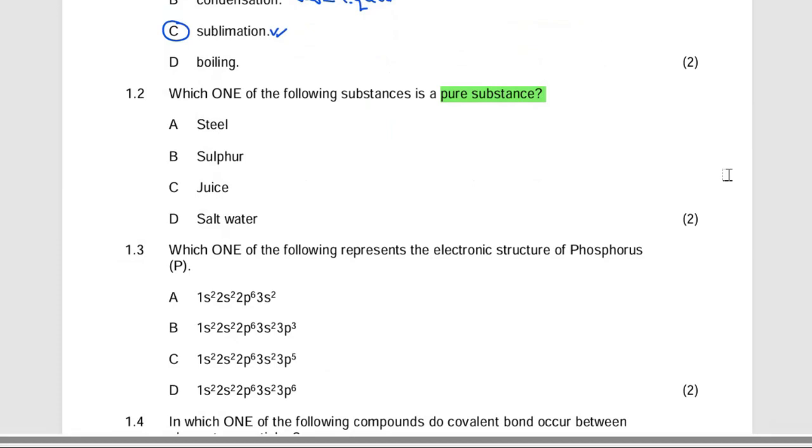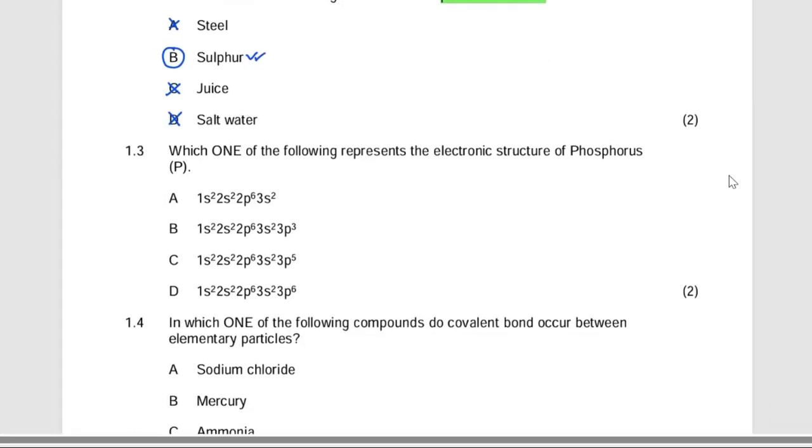According to this, we can break down steel into simpler pieces, and then we also have sulfur. So sulfur is the correct option, which is a pure substance. The juice contains too many ingredients. Here we have salt and water, and again it's not a pure substance.